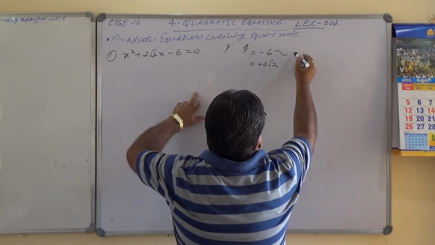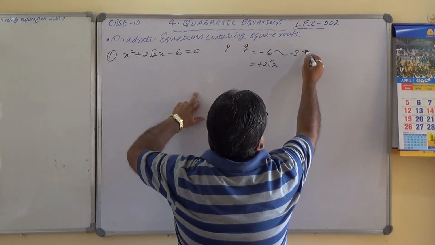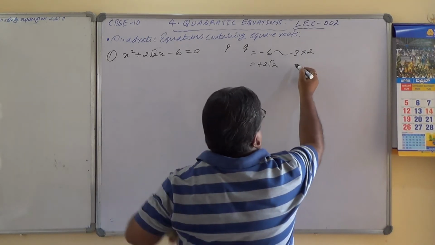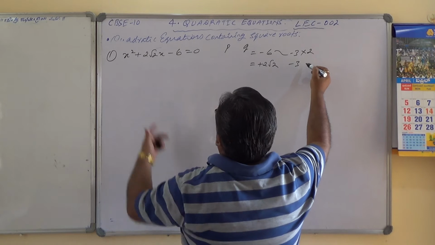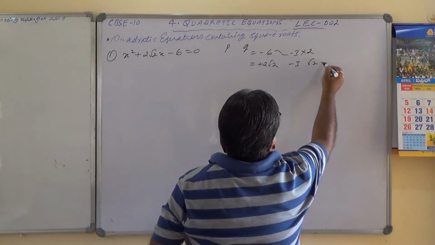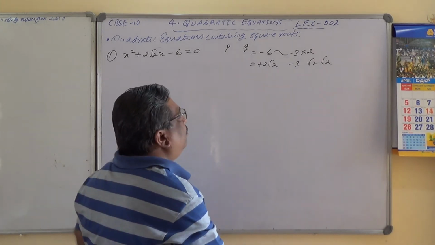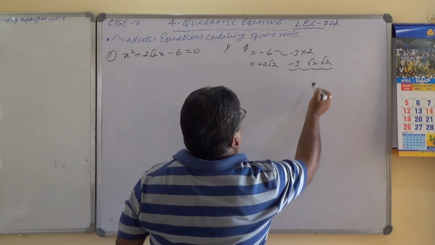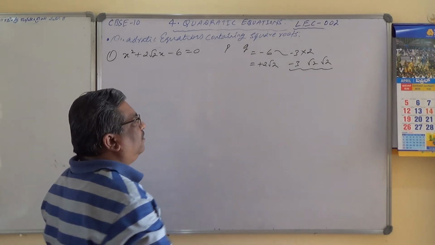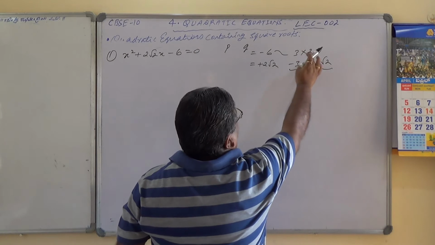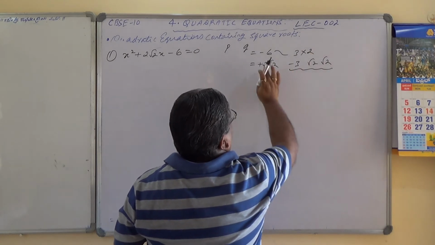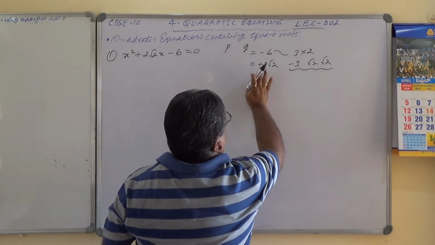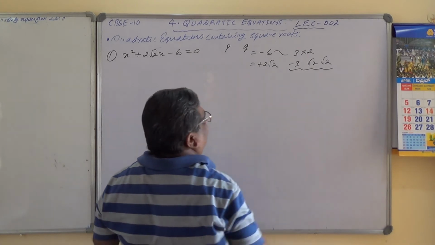Factors are 3 and 2 basically, which also can be written as minus 3, root 2 and root 2. So use these three things clubbed together to get this one. Anyway factors are 3 and 2 basically, but I should get minus if I multiply, but plus 2 root 2 I should get. So how to do this?